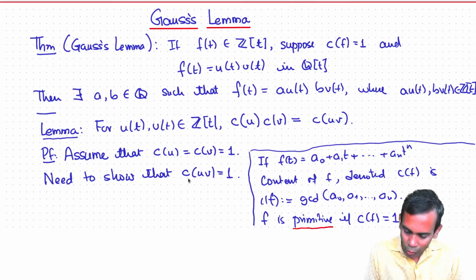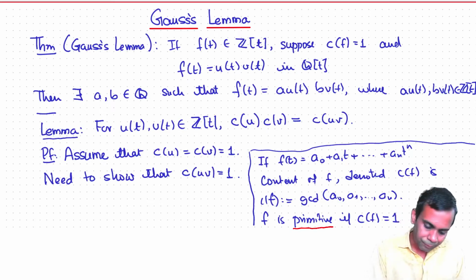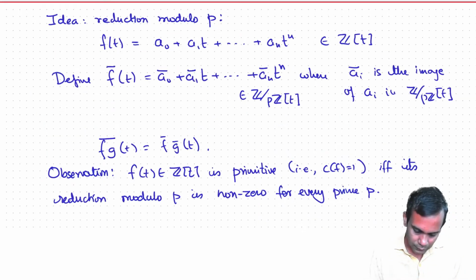And so we take the product and we want to show that its reduction modulo any prime is non-zero. So suppose that there was a prime p with respect to which its reduction was 0.